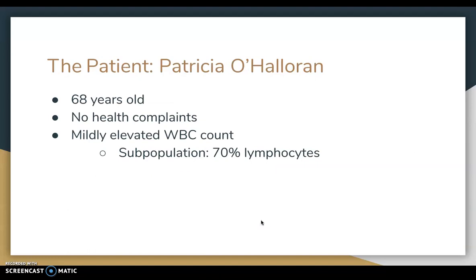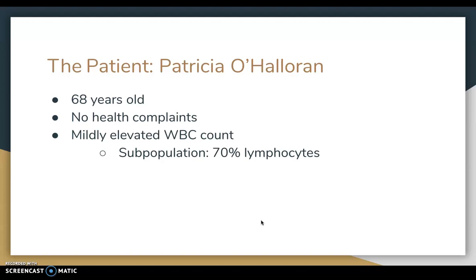The patient in this case is Patricia O'Halloran, and she is a 68-year-old woman. She had no health complaints, but when she went in for a physical exam, the CBC showed that she had a mildly elevated white blood cell count of about 18,000 cells per microliter.